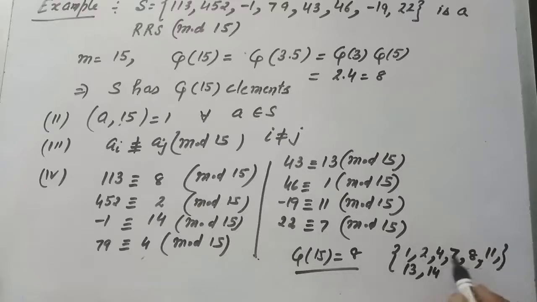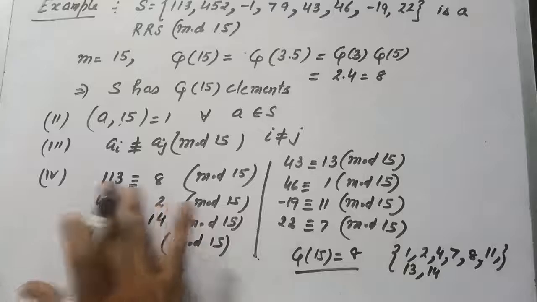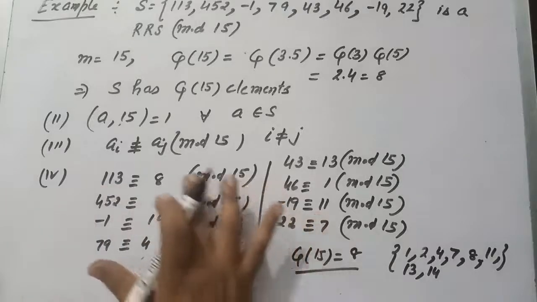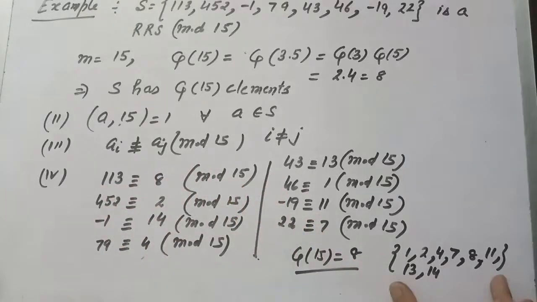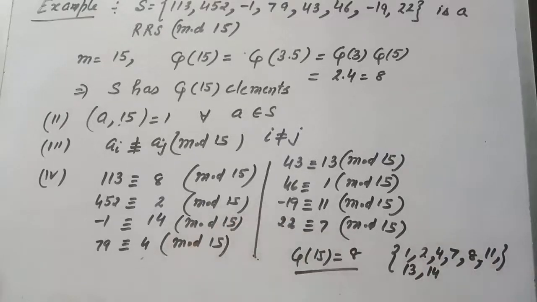So 1, 2, 3, 4, 5, 6, 7, 8: these are the integers less than 15 and co-prime to 15. So when you take a reduced residue system and divide by 15, you will get the remainder from this set. So this is an example of a reduced residue system.